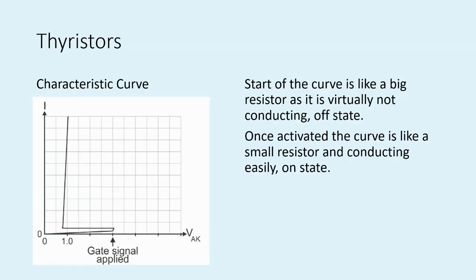However, as soon as you have activated it, any amount of voltage will create a really, really large current response. So it's acting like a low resistor, and this is acting like a high resistor, if you like. But that's not really too important. You need to remember that this is off and this is on. Simple as that.